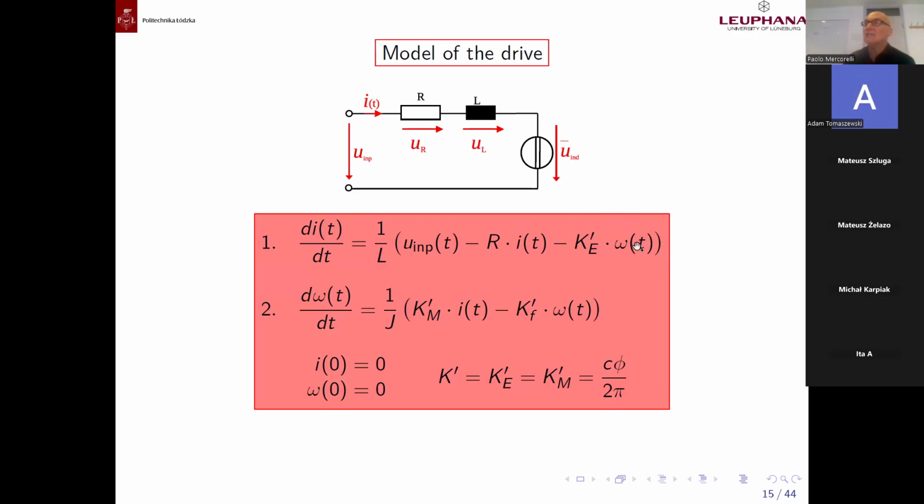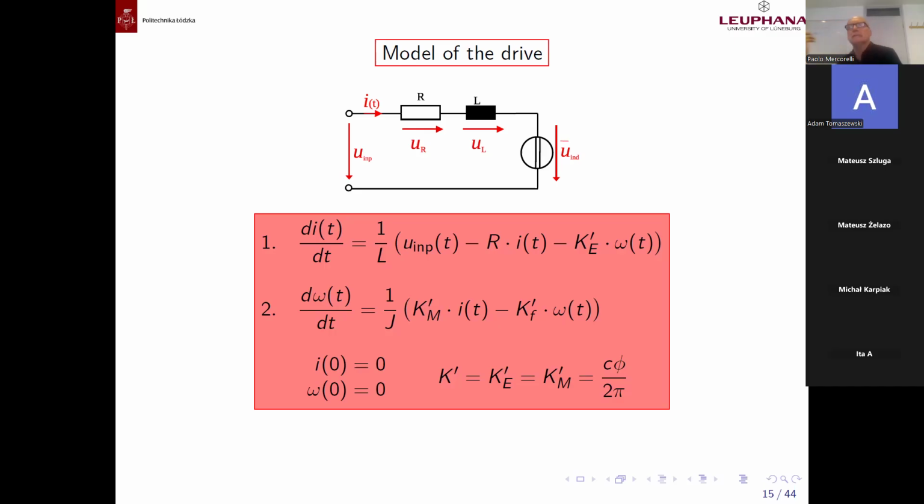This component here is basically the induced voltage which we have because of the movement of the rotor. The second equation is the mechanical equation which states the movement of the rotor. Km' and Ke' are equal, at least ideally.